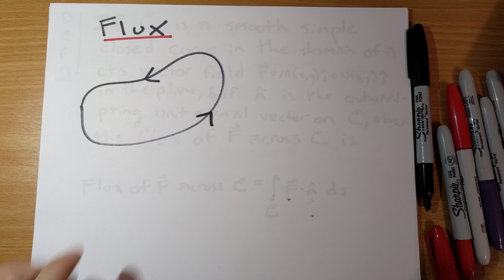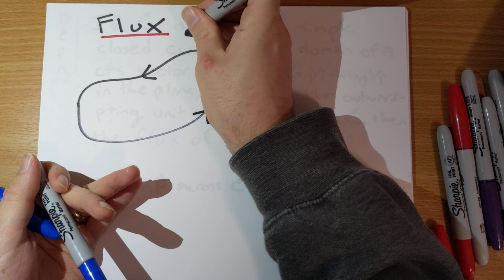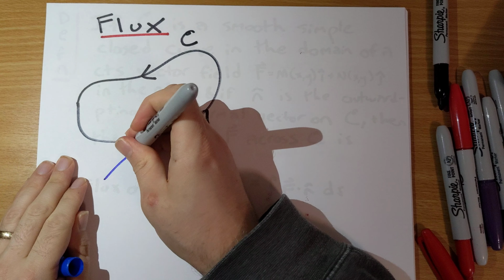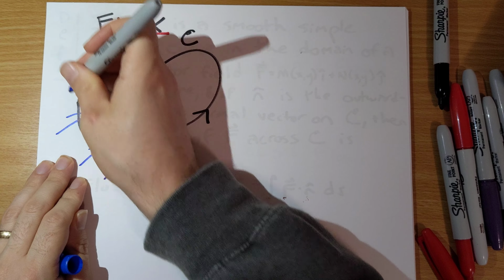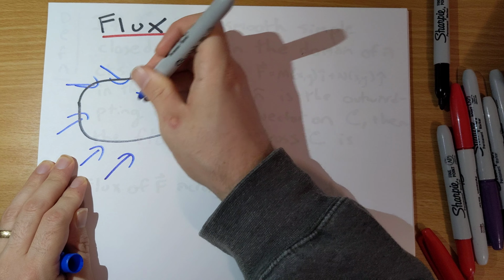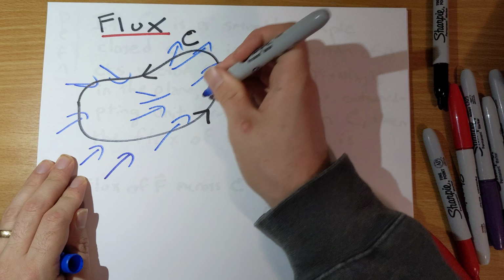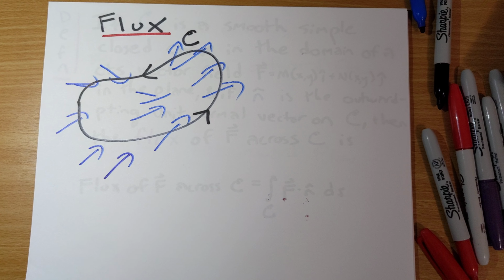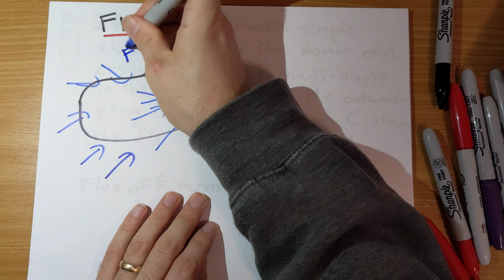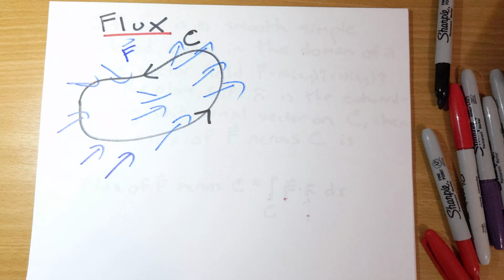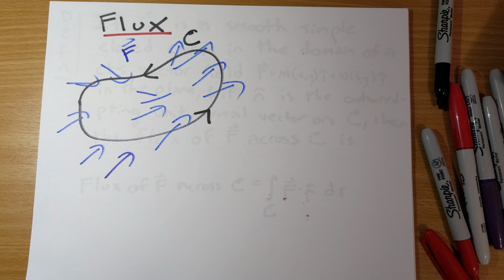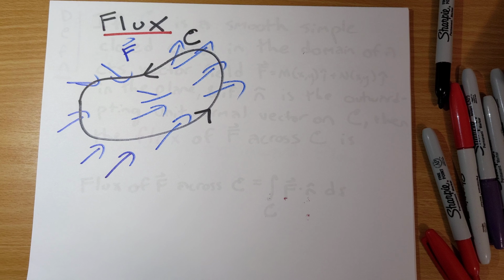So this is our curve C. Suppose that we have some vector field here. Let's say that we have some vector field F. And let's suppose that this vector field F corresponds to some flow of some object.